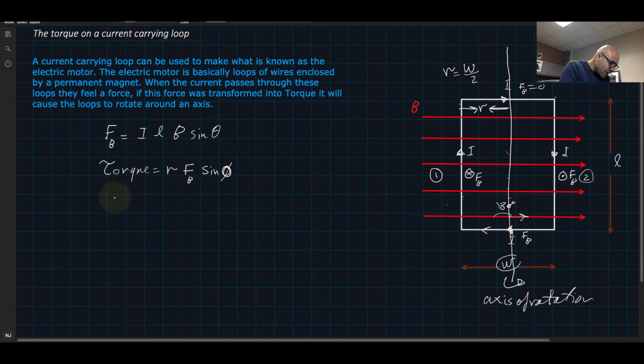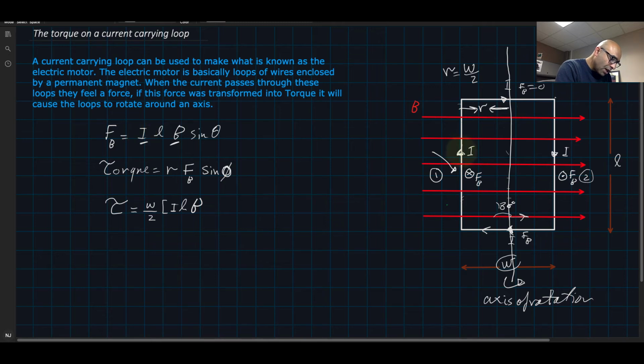Okay, now let's look at this in detail. Now torque, I'm going to call it tau, is equal to R, which is W over 2, times, looking at the situation here on the left, F_B1, which is I L B. Now what is theta? Theta is the angle between the magnetic field and the direction of the current.